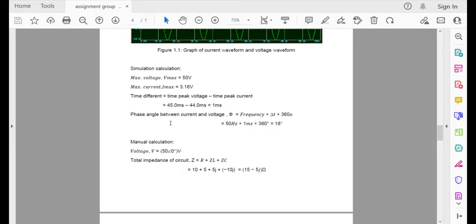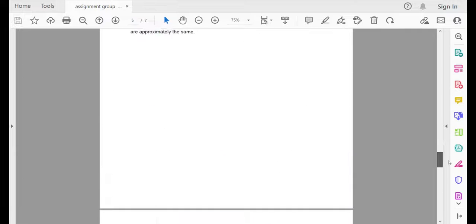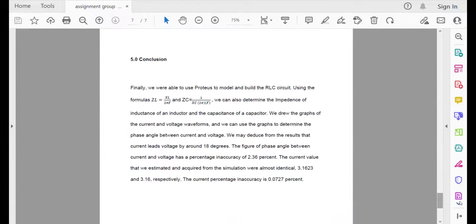Yes, the phase angle between current and voltage, 50 Hz multiplied by 1 millisecond multiplied by 360 degrees equals 18 degrees. Okay, the figure of phase angle between current and voltage has a percentage inaccuracy of 2.36%.